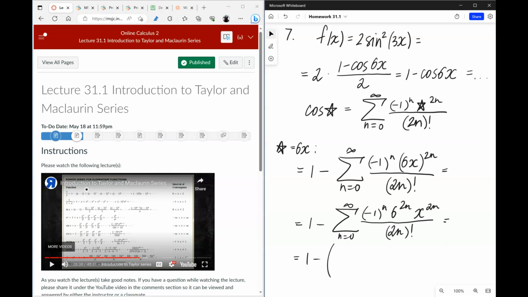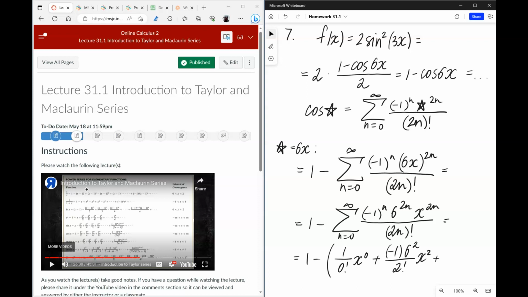So we have 1 minus. When n is equal to 0, we have 1 over 0 factorial x to the power 0. When n is equal to 1, we have negative 1 times 6 squared over 2 factorial x squared.